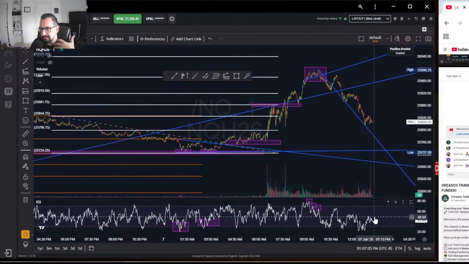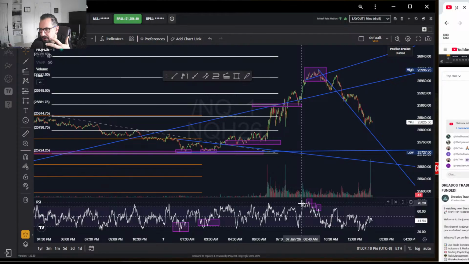So typically if it's over 50, then buyers are in control. If it's below 50, sellers are in control. That's how it works in a sense. And when it's over 70, it's at an extreme. If it's below 30, it's at a sell extreme. And basically you should be seeing this move with price action.